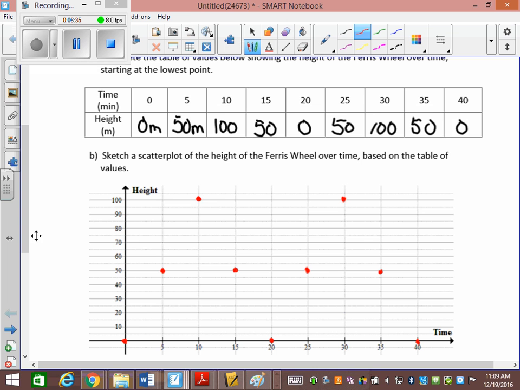So if I connect these, anything that does circular motion over time will get you this sinusoidal graph. So that's why all of your word problems in a sinusoidal unit are something that's moving in a circular motion over time. Okay? Always. Has to be.